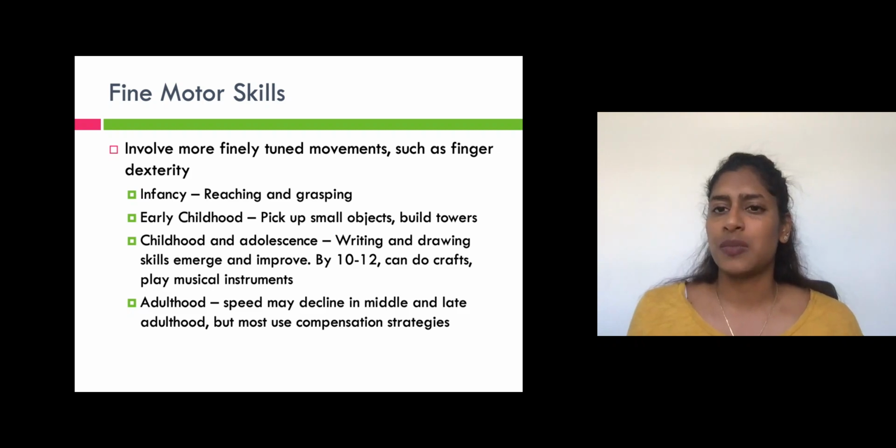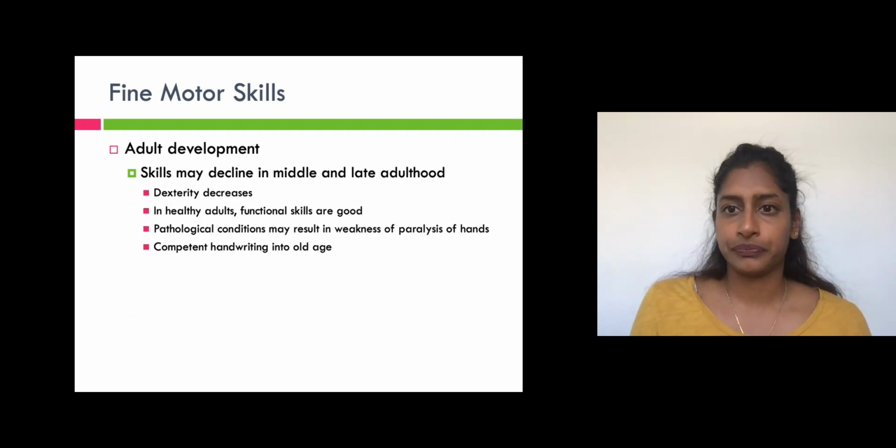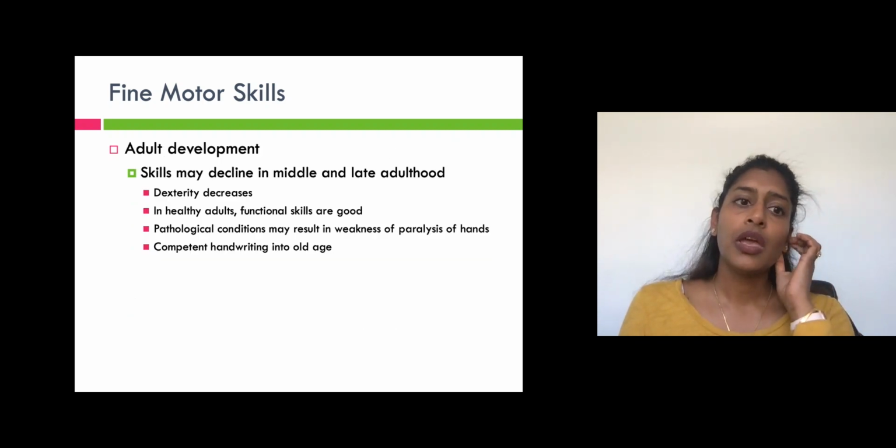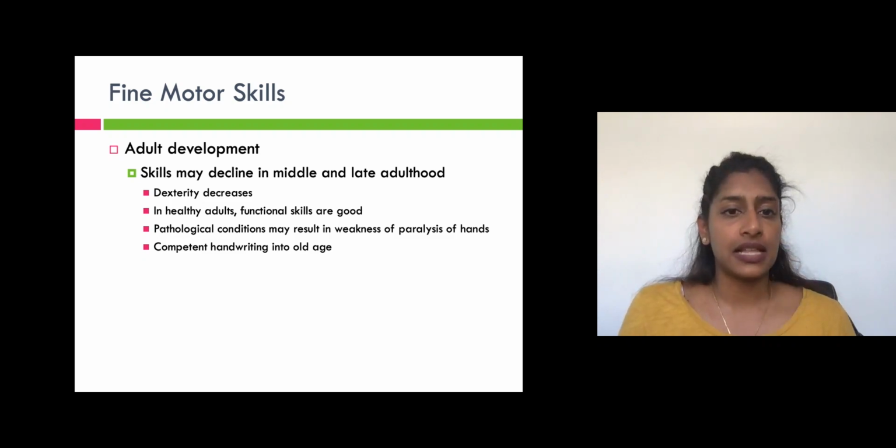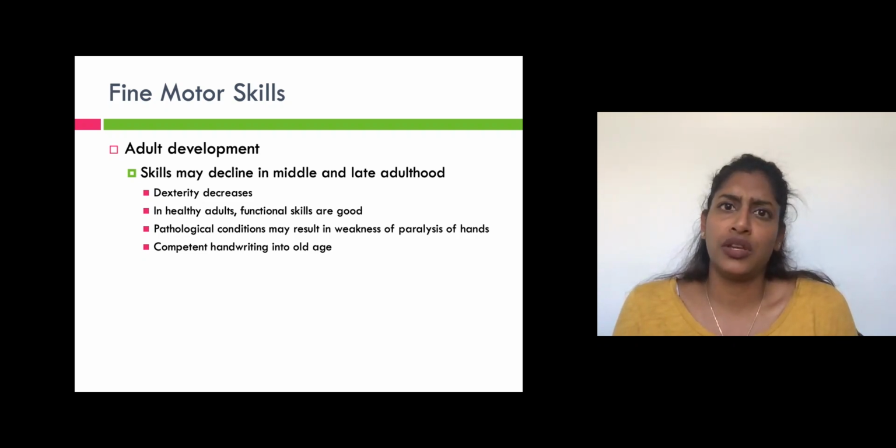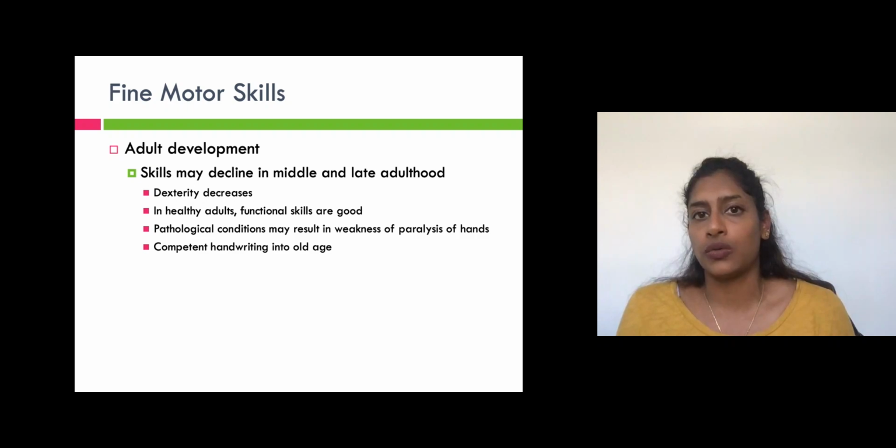Your book talks about this in a little bit greater detail. Our skills may decline in middle and late adulthood with those fine motor skills. Again, health becomes really important as well. But then there are some things that we're still really good at, right?